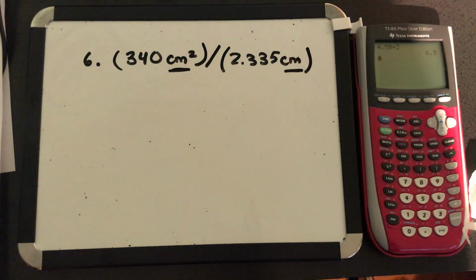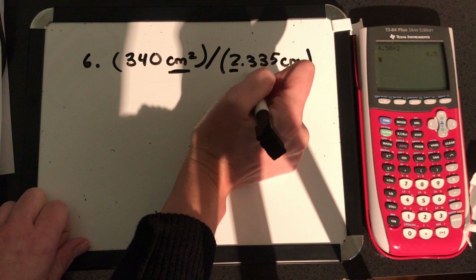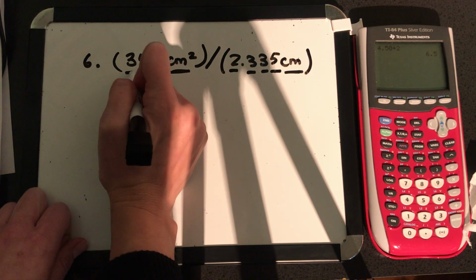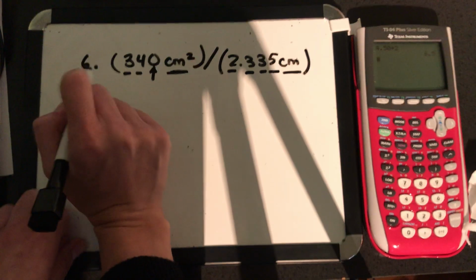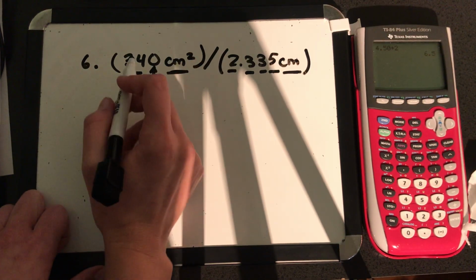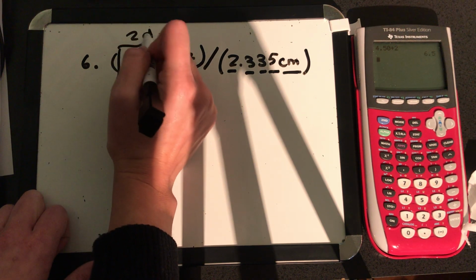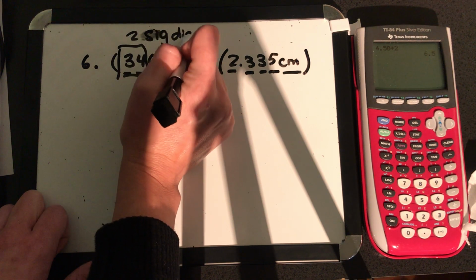But remember, you're looking for the number with the least number of significant digits to know how many to put in our answer. So here we have 1, 2, 3, 4 significant digits, and here we only have 2, and this is a placeholder 0 because there is not a decimal in this problem. So our answer is going to have 2 sig digs.